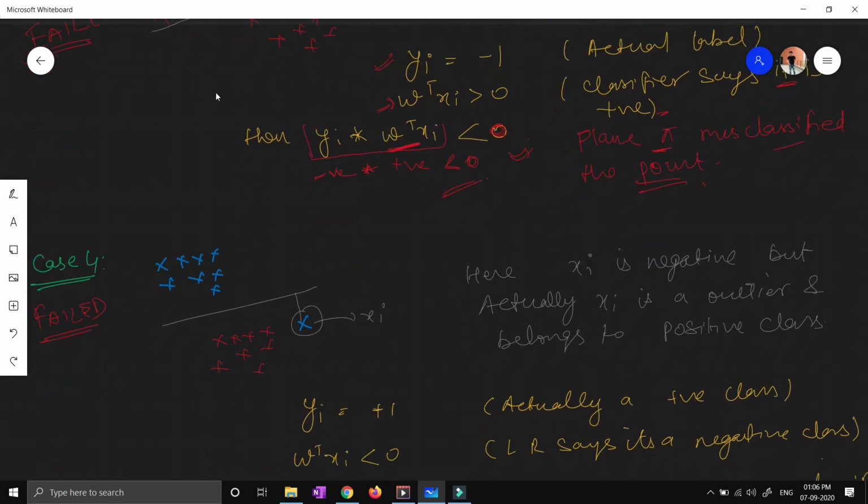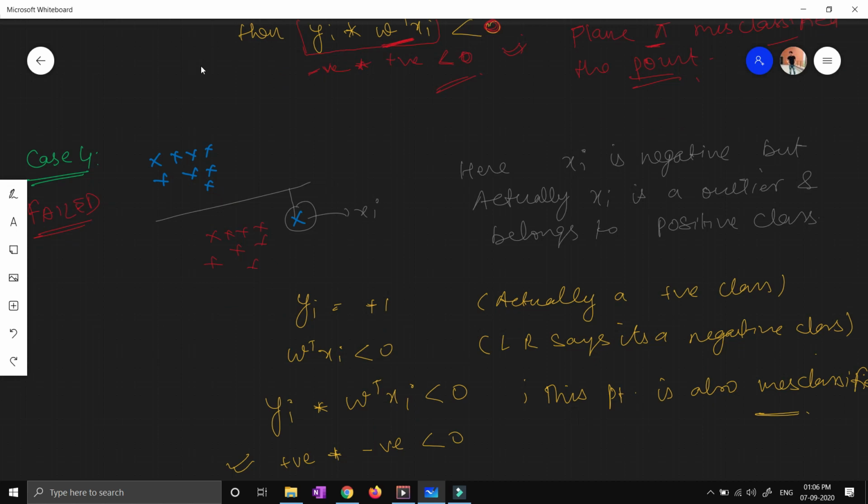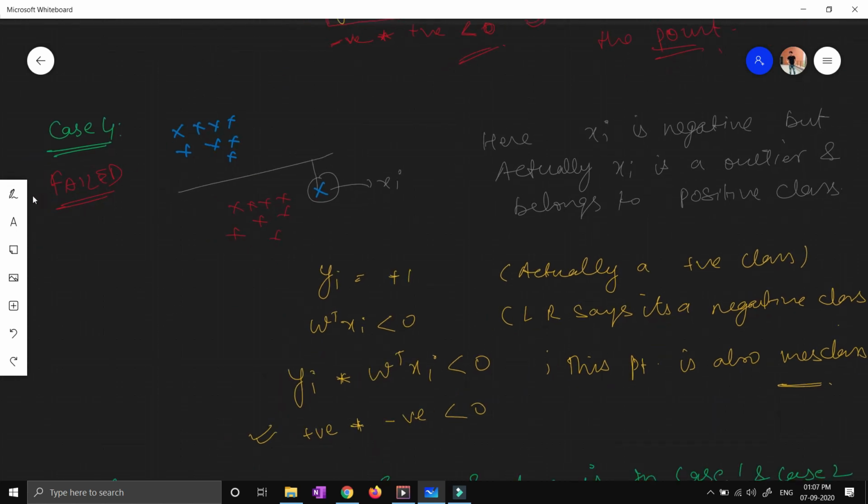Now my case 4 is, let's assume these are my positive points and these are my negative points. I have created a plane, and this is my W. You can see over here in the negative zone, among the negative data points, there is some blue point which is actually a positive one. Yi is a positive one.